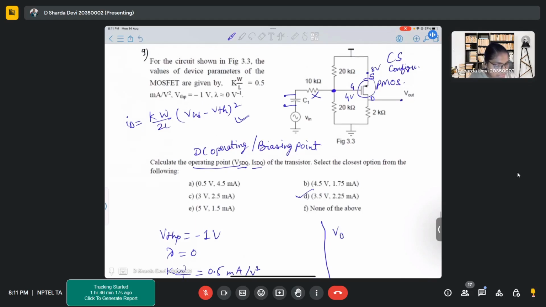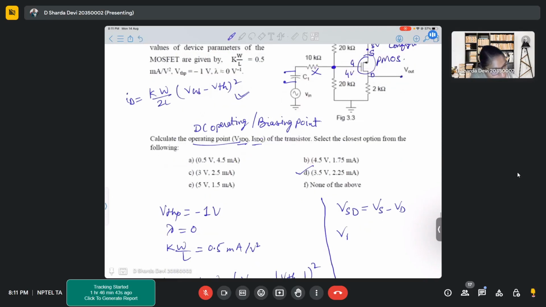How do we write VD? If it is VSD, that is VS minus VD. So VD is VS minus VSD.